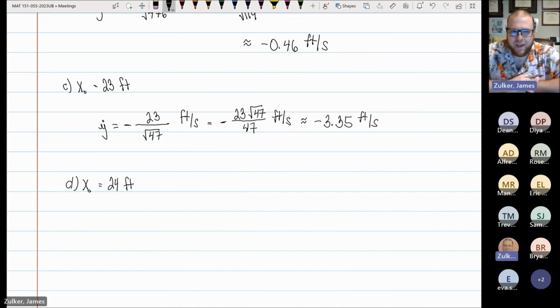Now we're 24 feet away. Notice we're going to get negative 24 over 0.